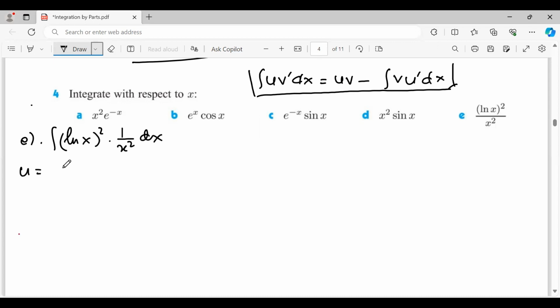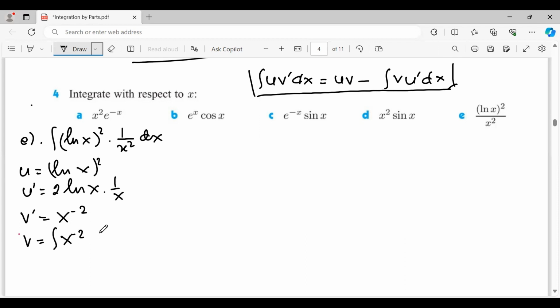So u equals ln x squared, so the derivative of u is 2 ln x times 1 over x. And the derivative of v is x power minus 2, so v equals minus x power minus 1 plus c.